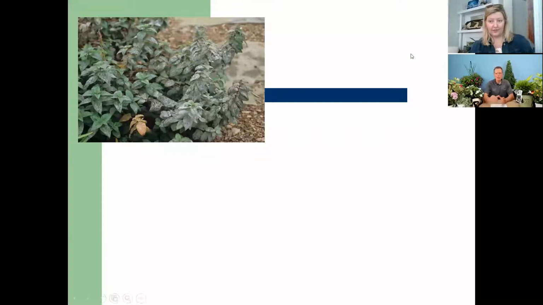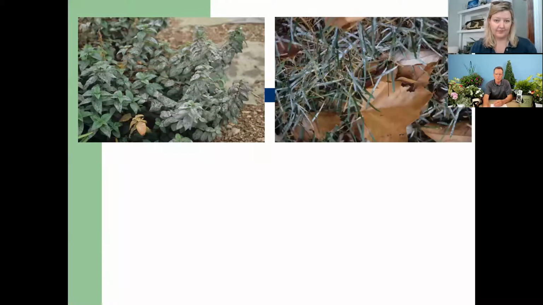Okay, so what you're looking at right here is a very common, very widespread disease. It's just called powdery mildew. Easy to recognize, and I'm sure you're seeing this out in your garden. It affects a broad number of plants. In that little screen, I'm looking at powdery mildew on Monarda or bee balm.